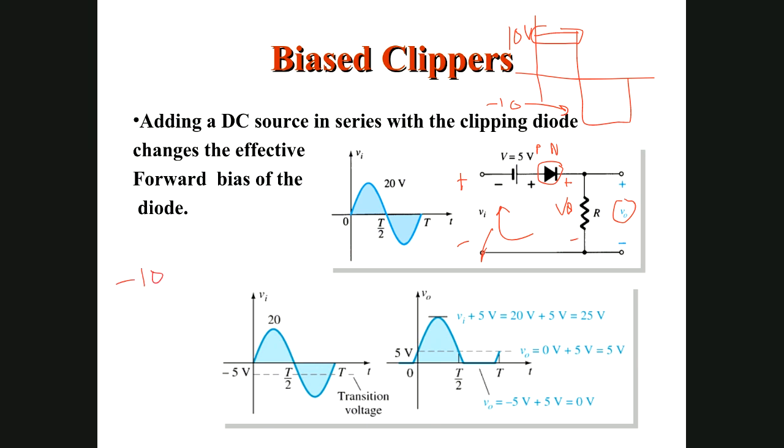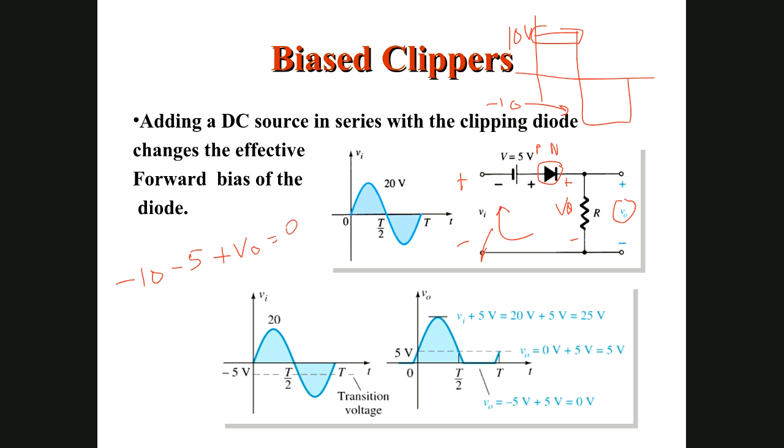Because we get minus 10, then minus 5, then the voltage across the diode is a short circuit, so it is 0, plus VO. These are all the voltages equal to 0.